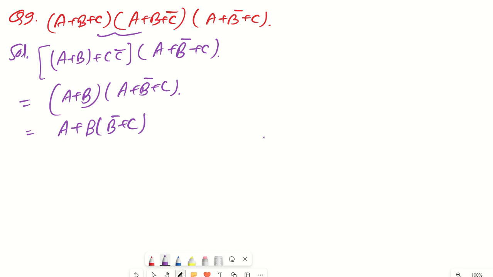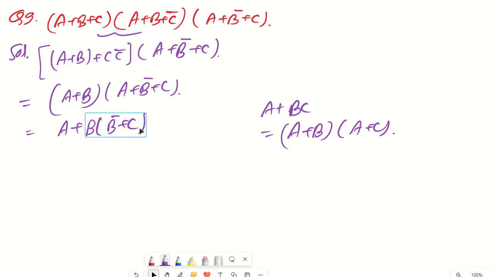So by this solution, let's say a plus bc, what was it that we had? a plus b into a plus c, right? So similar to that I am trying to solve that. I can do a plus b, that is the first term, into a plus b bar plus c, right?